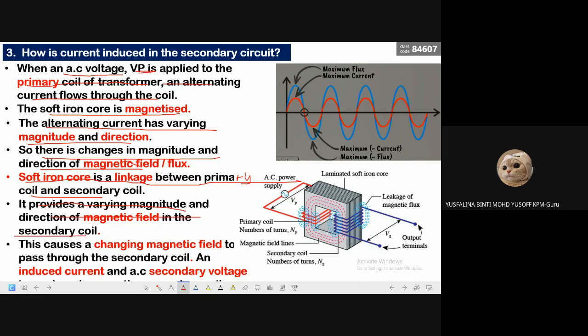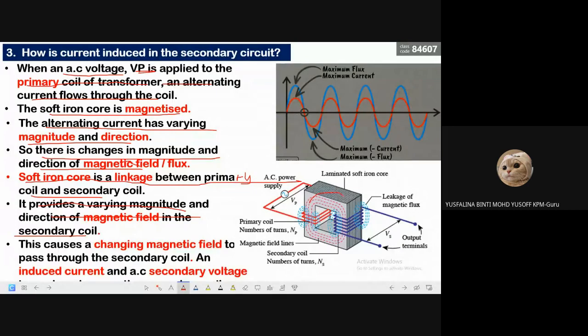It transfers the changing of the magnetic flux in the primary coil to the secondary coil. Well, it's not really transferring; a linkage just provides a way for the changing magnetic flux that happens in the primary coil to go to the secondary coil.